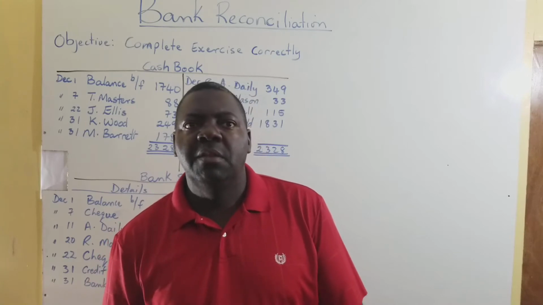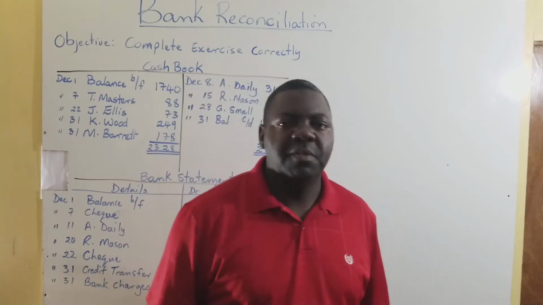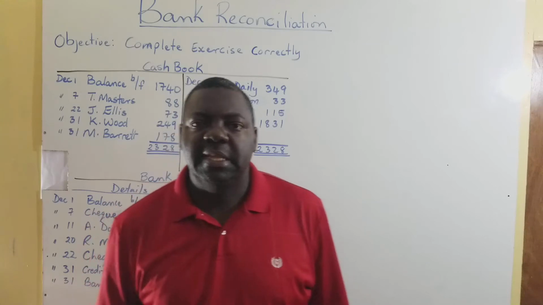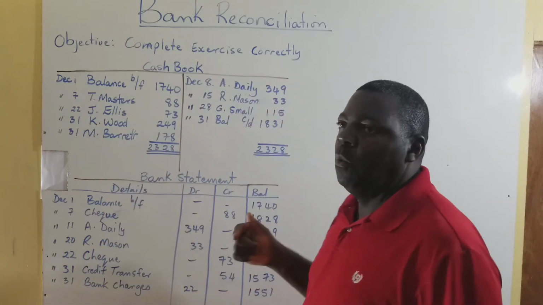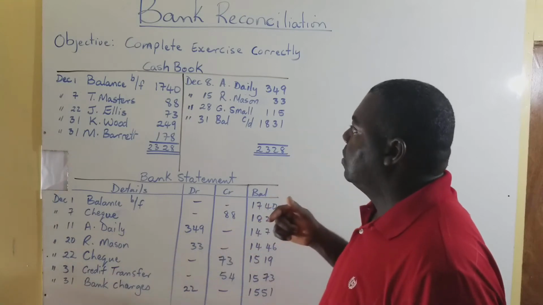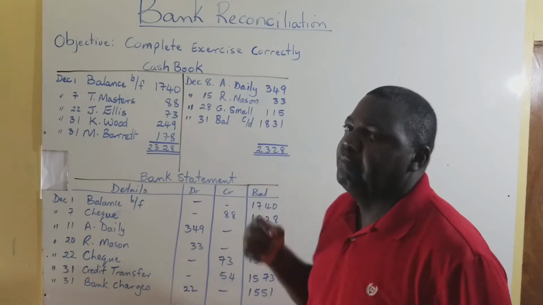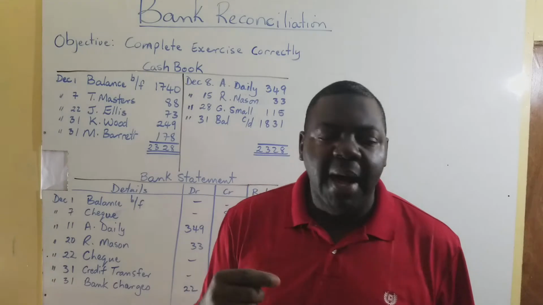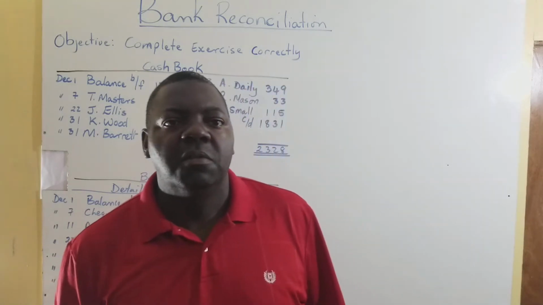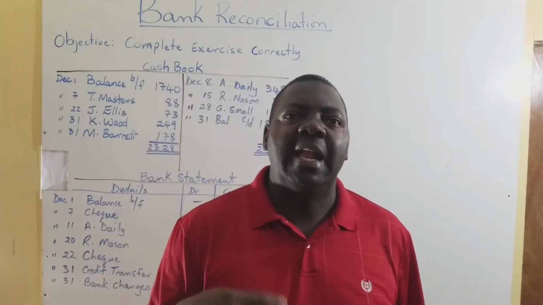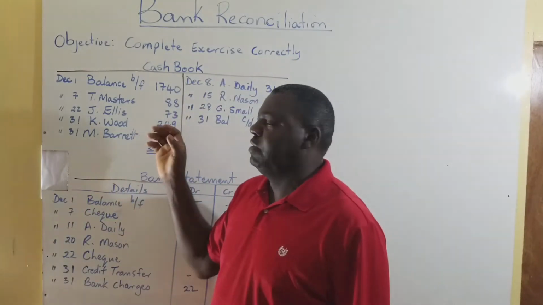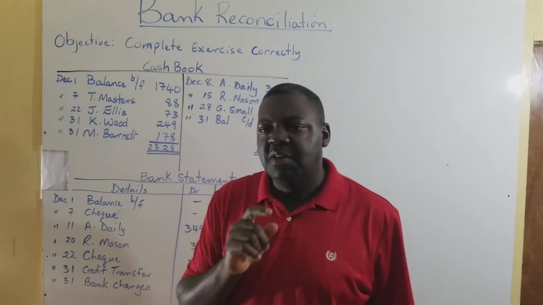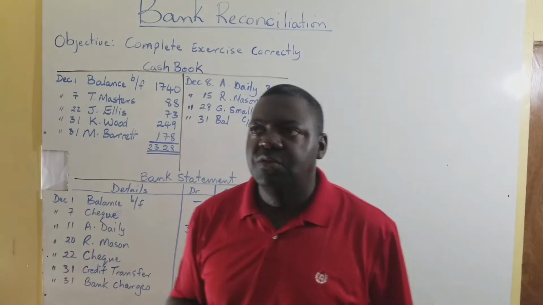You'll recall in the previous lesson that we indicated that in treating with the bank reconciliation statement, we must remember that our bank treats our funds in the bank as a liability, right? And we treat our funds in our cash book as an asset. Very important point I want you to remember.